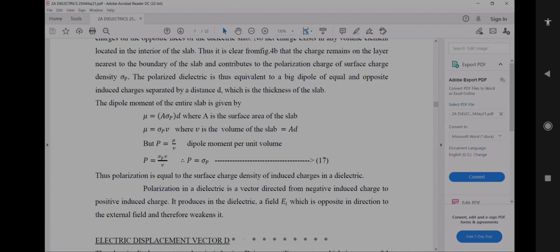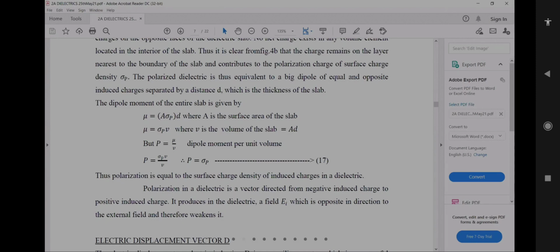Polarization in a dielectric is a vector quantity and it is directed from negative induced charge to positive induced charge. It produces in the dielectric a field EI.